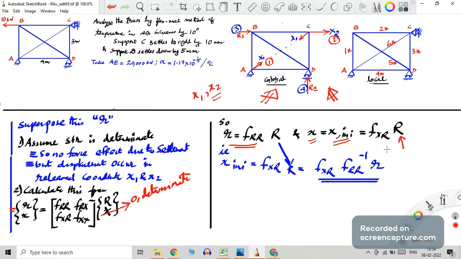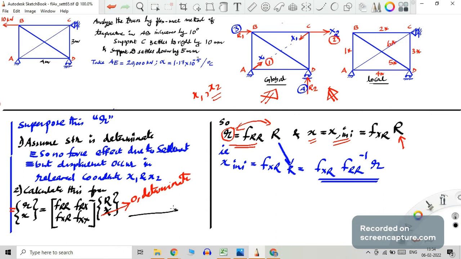Okay, this is the flow. And this capital R can be evaluated from this small r by inverting this equation. So I will rewrite the same thing once again here, then you will understand.